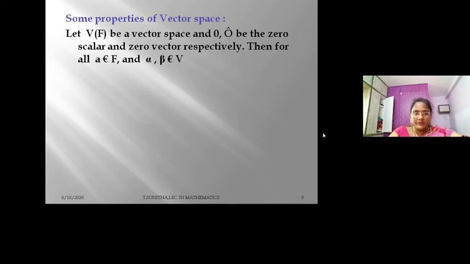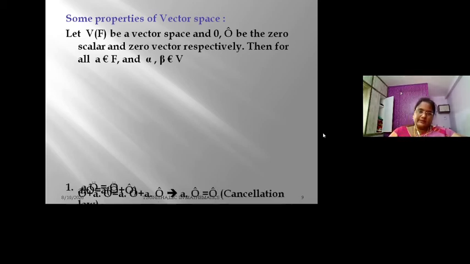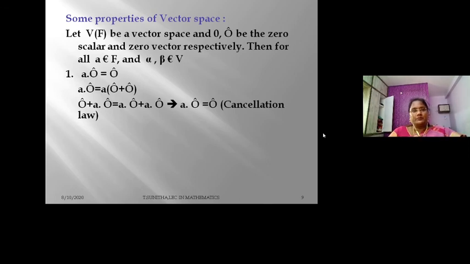Once again I am repeating: whatever elements we take from F are scalars and whatever elements we take from V are vectors. So to recognize them easily, here I took a, b, c, d as scalars and alpha, beta, gamma, delta as vectors. So the first property is a into 0 is equal to 0.